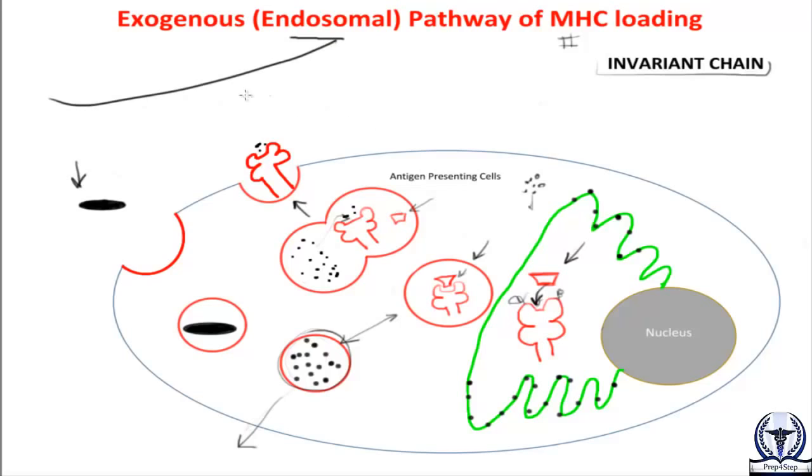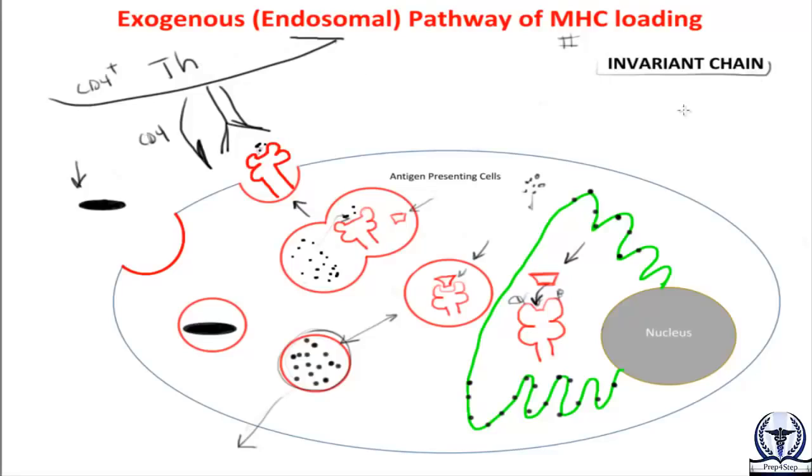So if the T helper cell, which is CD4 positive, remember it's CD4 positive, and the TCR, the T cell receptor, binds to this groove with the help of the CD4 molecule, then based on this idiotype, this three dimensional shape, and based on what type of antigen is presented, the T helper cell would then decide whether it's going to need a humoral response with antibodies, such as if it was a bacteria, or if it's going to need, let's say for a virus, a cytotoxic T cell, or a cell-mediated response.